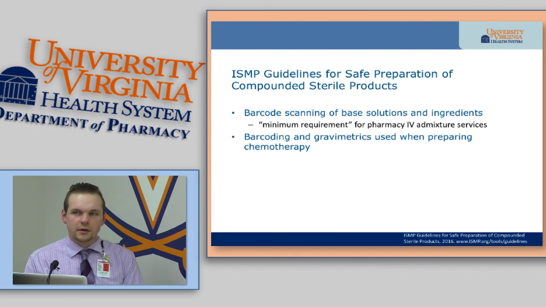They consider barcode scanning of base solutions and ingredients while preparing a compounded sterile preparation as a minimum requirement for pharmacy IV admixtures. When preparing chemotherapy, remember it's an even more high-risk process, they recommend barcoding as well as gravimetrics, which we'll talk about in a moment.